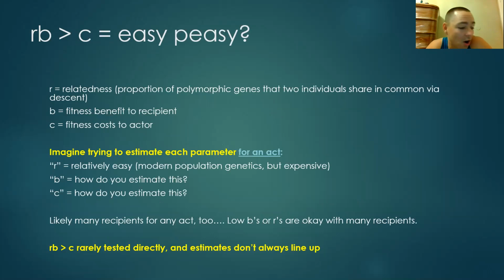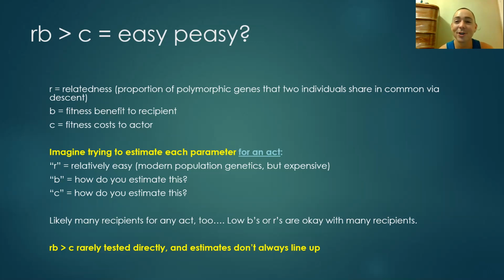Well, relatedness, R, is very easy to estimate because we have tons of molecular tools to do it. It used to be that we used polymorphic enzymes called allozymes to try to differentiate between relatives and non-relatives, and that was pretty bad. And before the 80s, we basically just had to guess who was related to who.